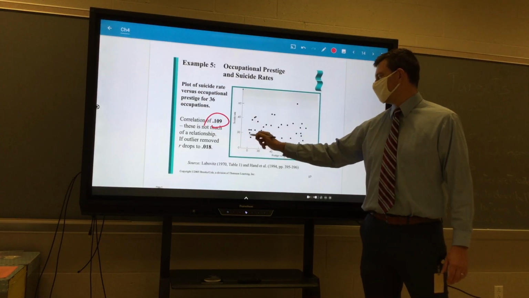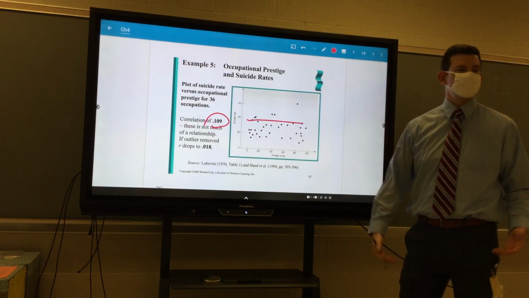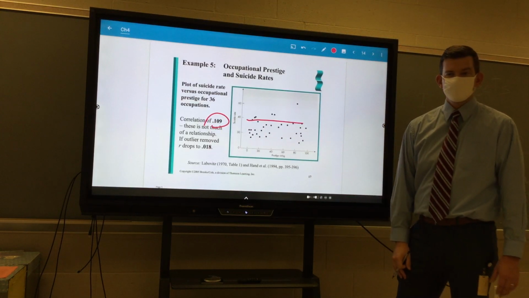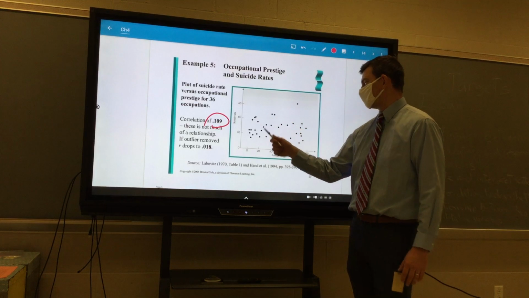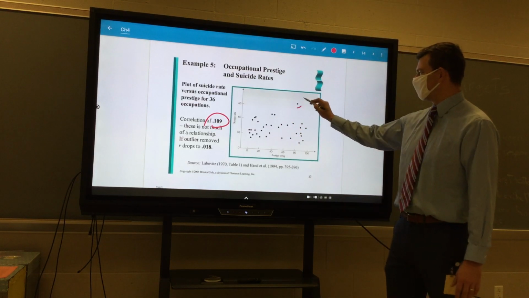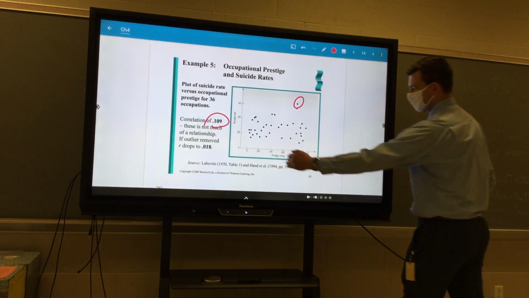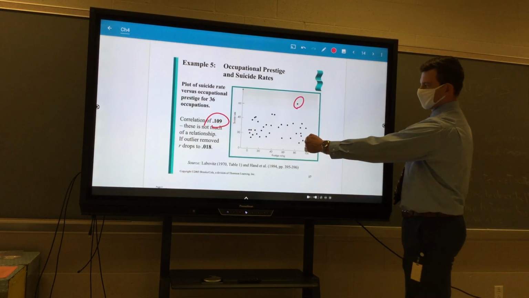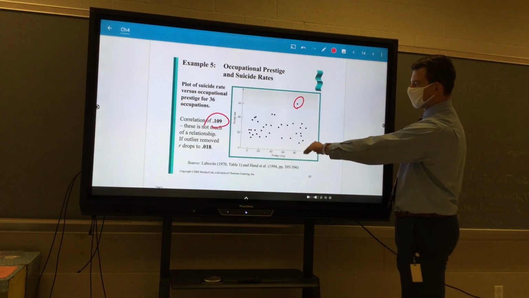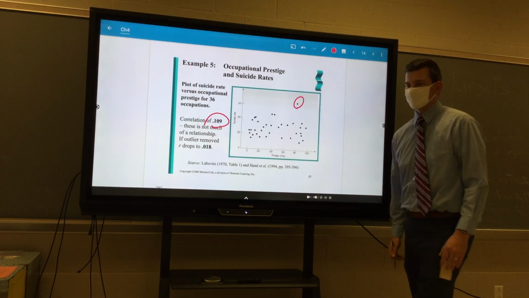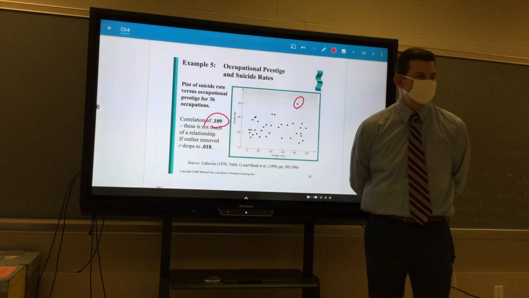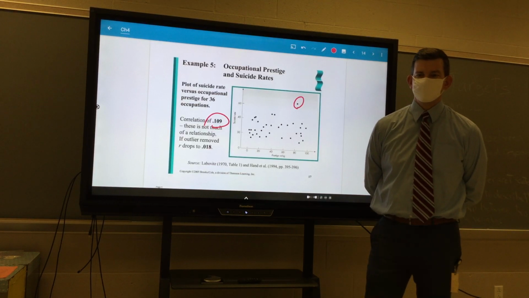Any line of best fit is almost like horizontal, and we know horizontal lines have a slope that is essentially 0. We do have one value that kind of stands out, which is a fairly prestigious job with a very high suicide rate. Anybody have any guesses as to what this job is?